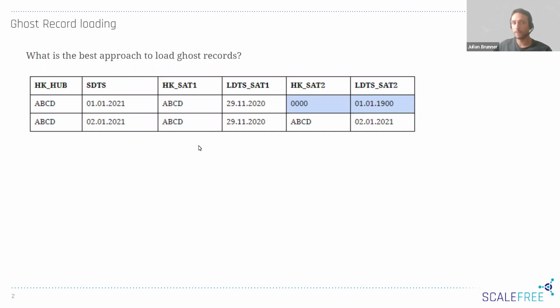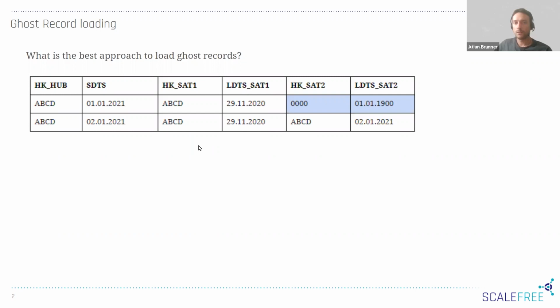We also need the counterpart of a satellite's ghost record in a hub or in a link. In this case, we don't call it ghost record, we call it zero key instead, because we have two types of zero keys. The first one is the unknown key, which is the counterpart to the ghost records in a satellite.